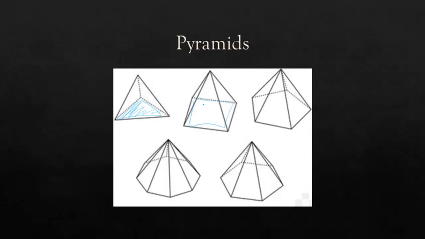Notice the sides of the pyramid are all triangles, though some of them are skinnier or wider than others. We can have a pentagonal pyramid, a hexagonal pyramid, or an octagonal pyramid.